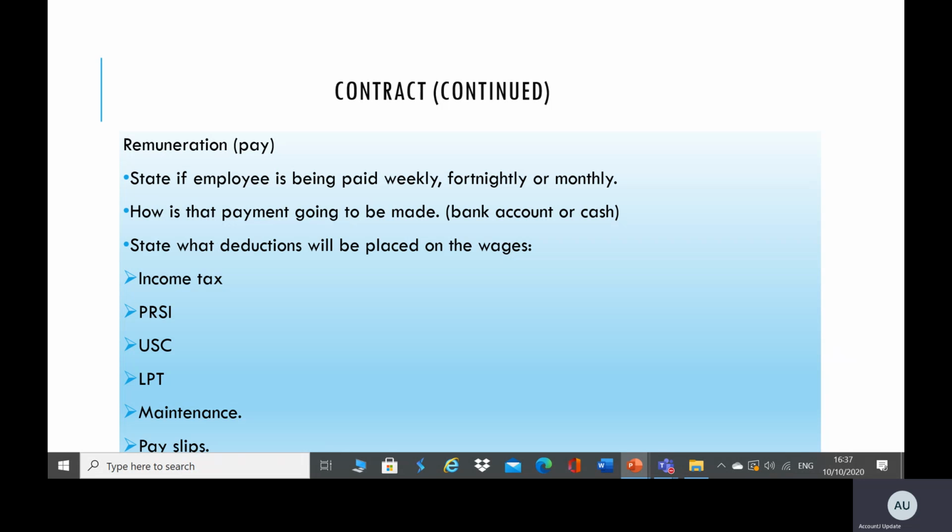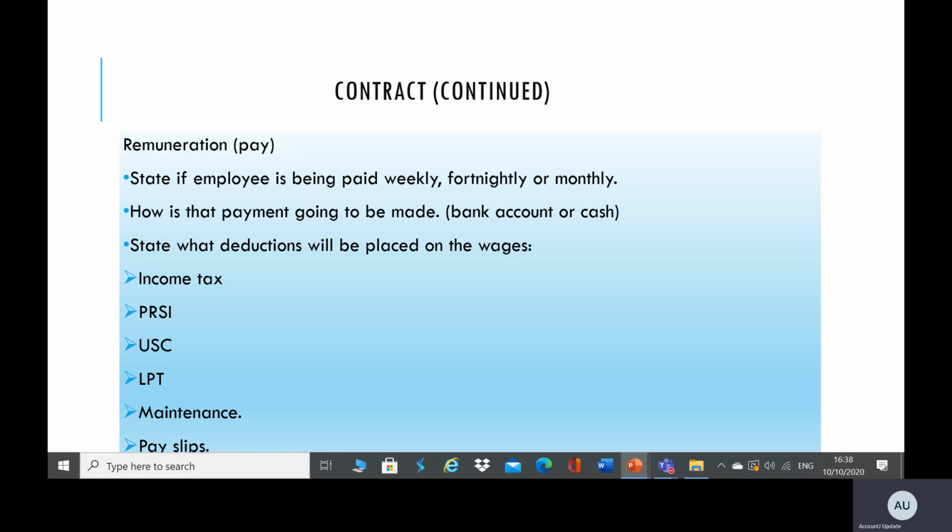Now, that's not a requirement by law, but it might be that the employee might request that they pay their local property tax by deducting so much weekly from their wages, and that's done then by whoever does the wages in the business. Maintenance payments. Maintenance payments are also payments that one partner would have to pay another partner, generally for children.